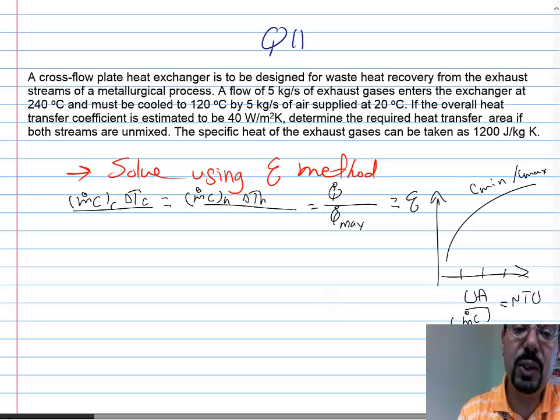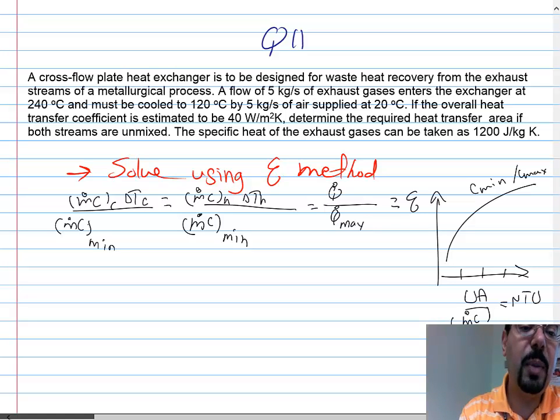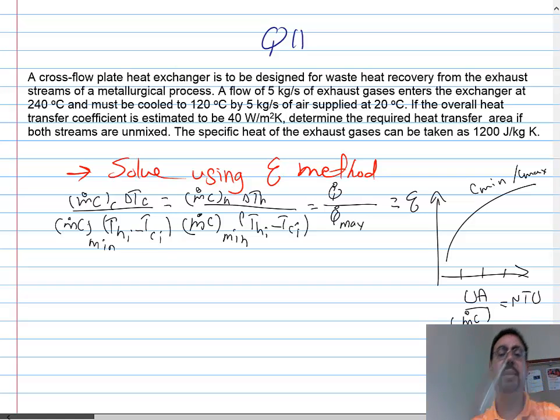And Q dot max is always m dot C minimum, whatever the minimum of them, multiplied by T hot in minus T cold in. That is the maximum range that you can imagine. This is the method, all right? And so if he asks for the Q, we come from the x-axis with the number of transfer units and C, we go to the epsilon, and then we get the Q.